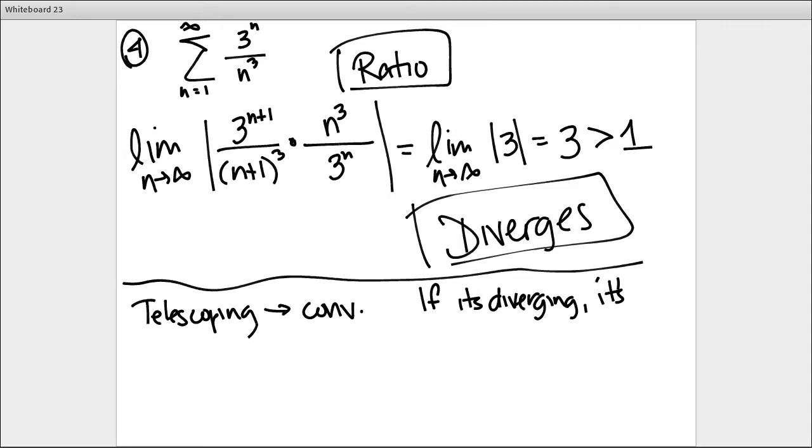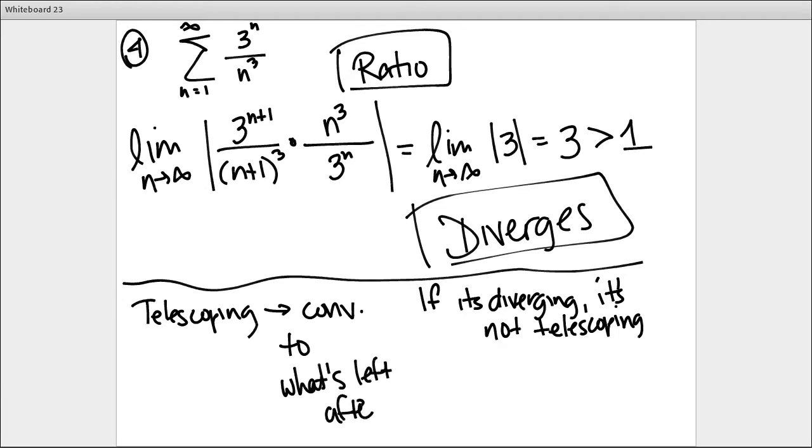If it's telescoping, it means that things are canceling, and when they cancel, it converges to whatever is left over, to what's left after canceling. The same thing with the nth term test: that's a divergence test, not a convergence test.